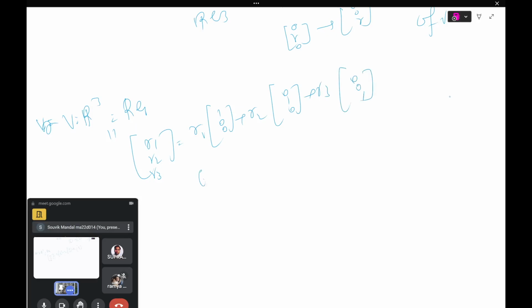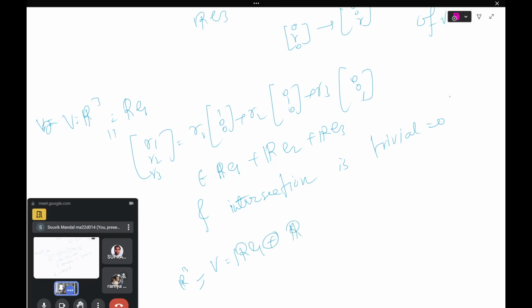Okay. So this belongs to RE1 plus RE2 plus RE3, and it is easy to check the intersection is trivial. Okay, so V, which is nothing but R^3, is equal to RE1 plus RE2 plus RE3.